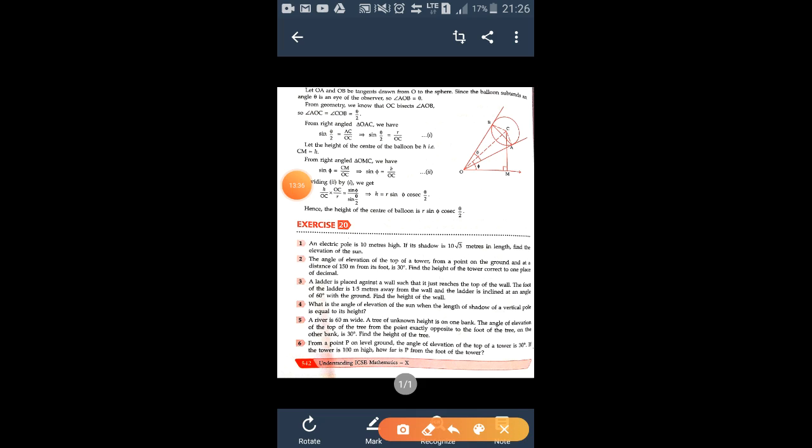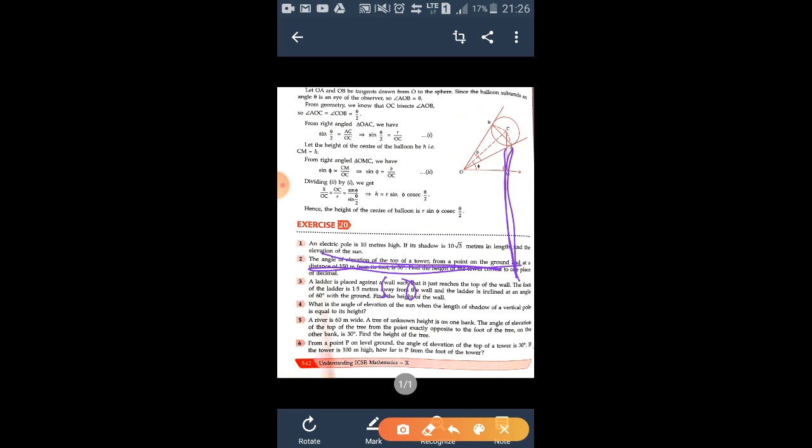Okay, so if you read sum number 5, what does it tell you? That there is a river which is 60 meter wide. I write down 60 over here. Yes, a tree of unknown height is on one bank.